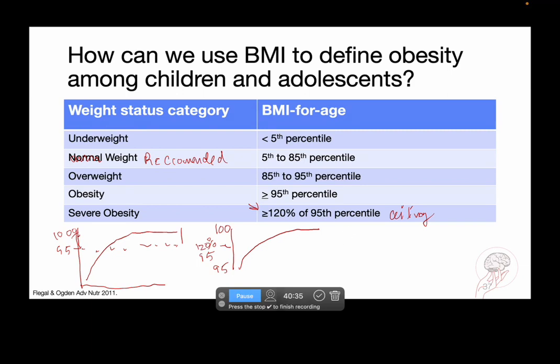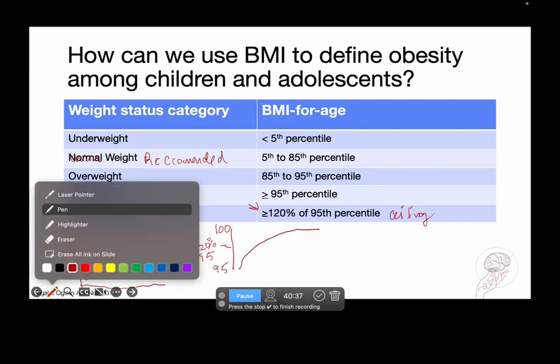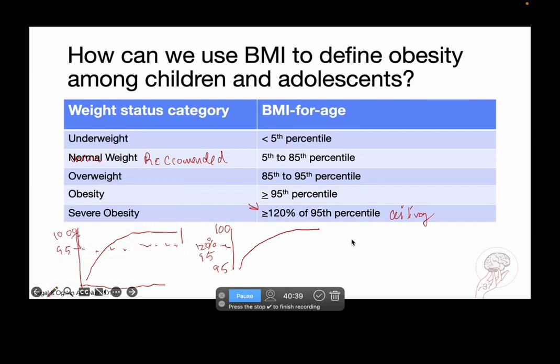So 120%, we can think of that as 1.2 times 95. That's 114. So it is creeping up.